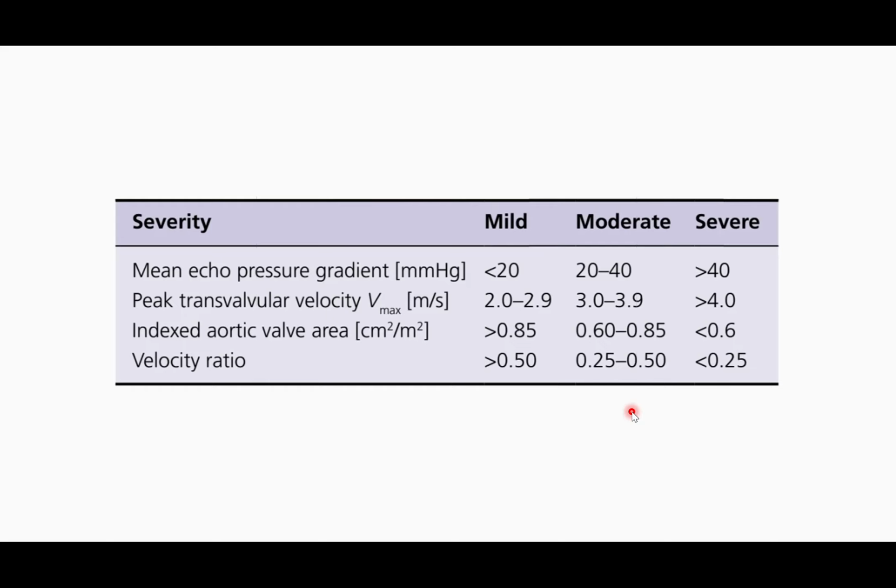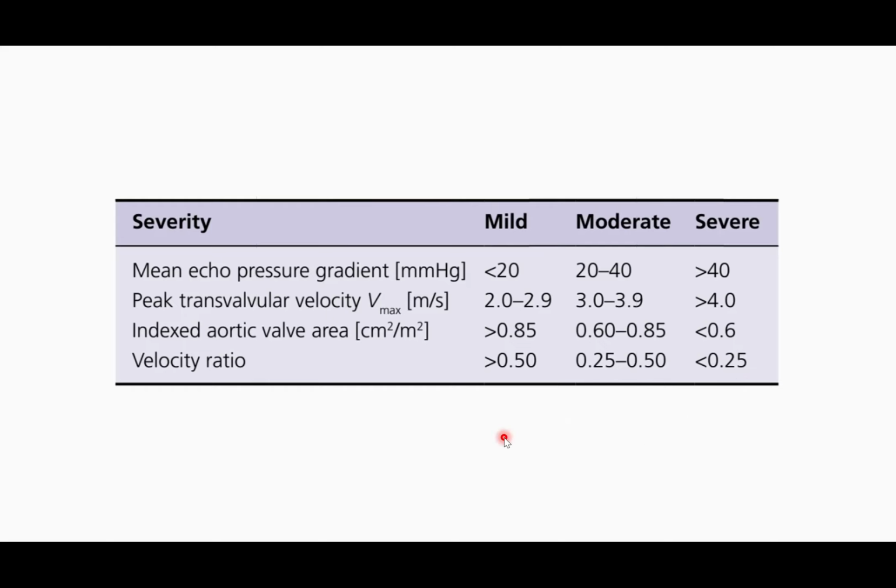So this index depends only on measuring the blood velocity at the aorta with the continuous wave Doppler, and at the LVOT with a pulse wave Doppler. It decreases the risk of errors and renders the assessment more accurate, but without being able to measure an aortic valve area.